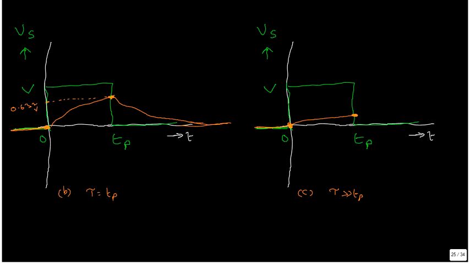A small portion of V is reached, and after applying 0 volts, that is after t equal to Tp, it discharges towards 0. For that, it takes a very long time. So this is the output response for 3 different cases of pulse inputs.